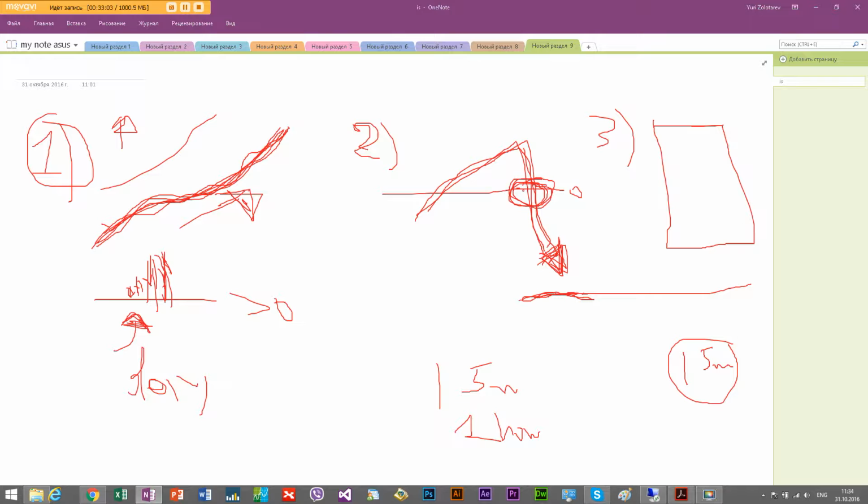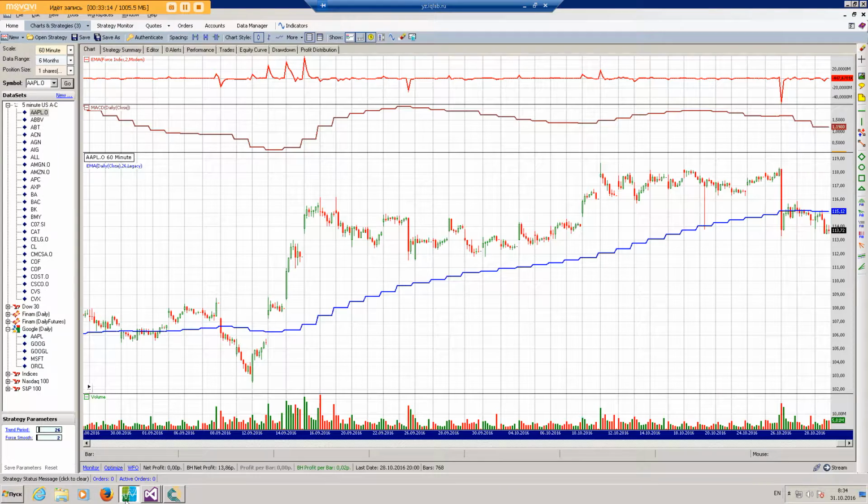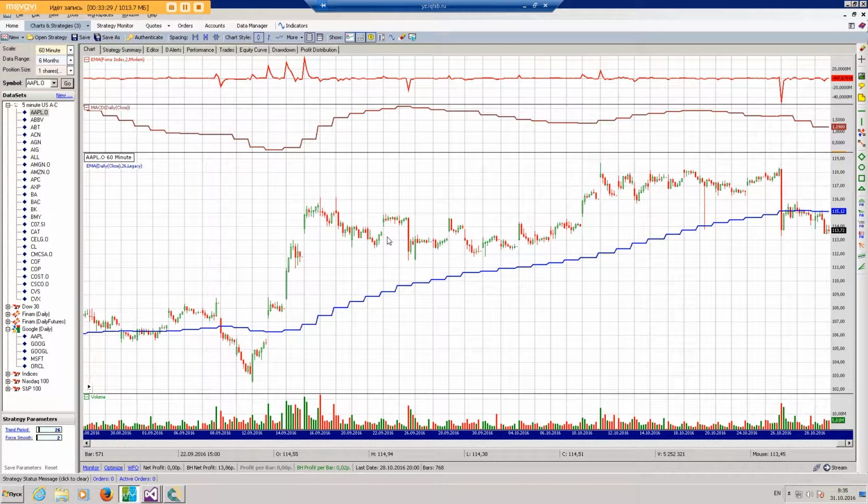Now let's actually see. For right now, we don't have that kind of situation. We have only 2 screens so far, right? This is actually a 60-minute chart, so we're on the second screen right now. And all the coding is also done for the second screen.